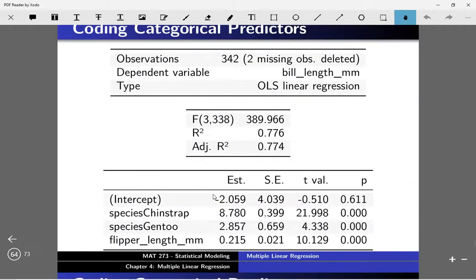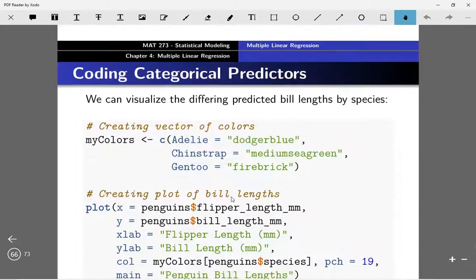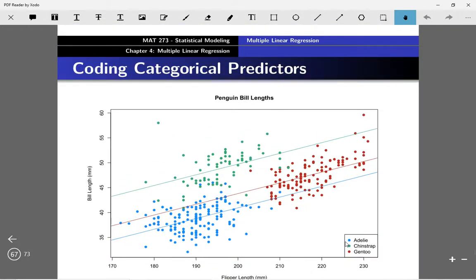And if we look at the regression output, I'm sorry, I looked at the wrong thing. Because Adelie is our reference category, our reference level, we want to look at the distance between Adelie, the blue line, and Gentoo, the red line. Looks like that vertical distance between these two is about 3.